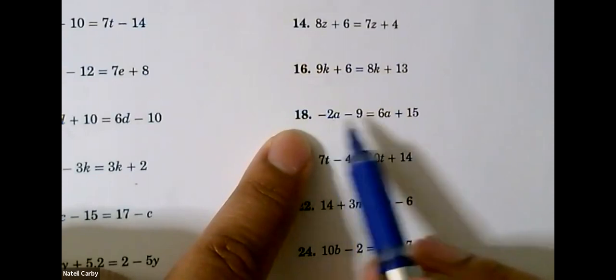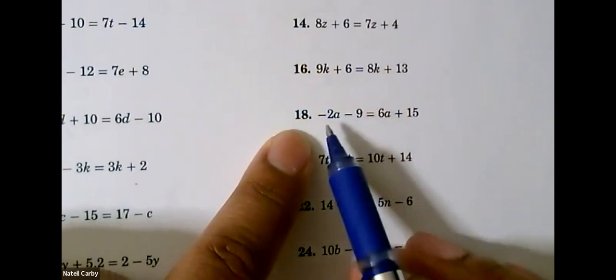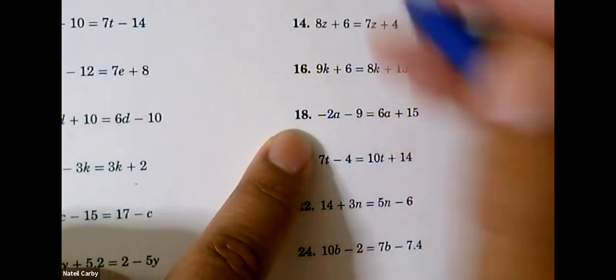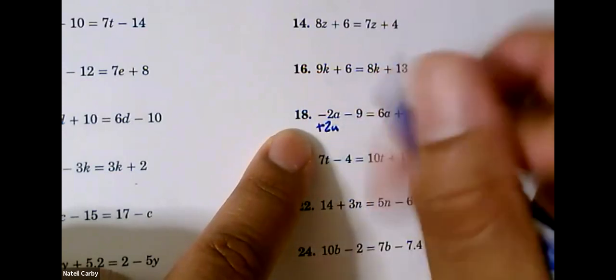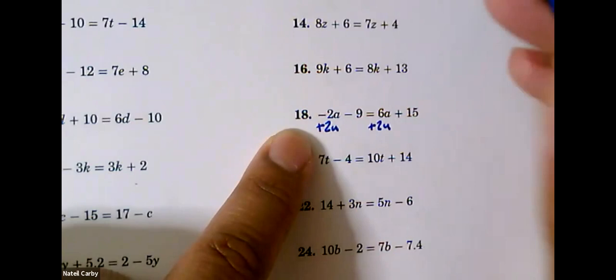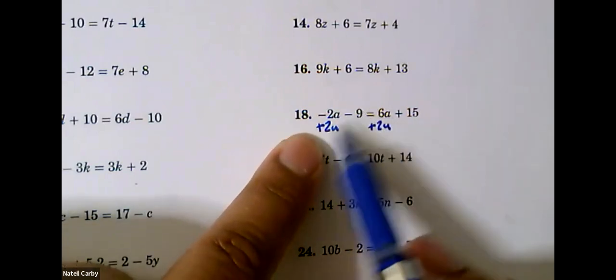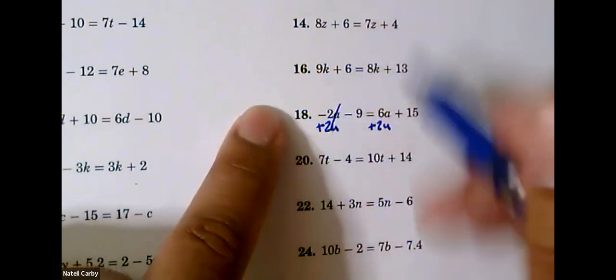Move the smaller variable to the larger side. The opposite of negative 2a is positive 2a, so you're going to add your 2a there, and add your 2a there. Remember, you don't add 2a to negative 9. Those are unlike terms. We don't do stuff like that because we know better than that.